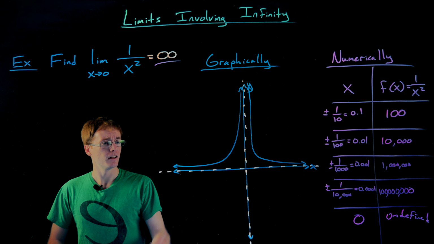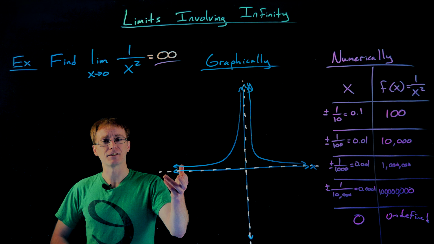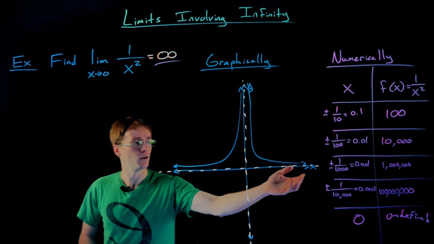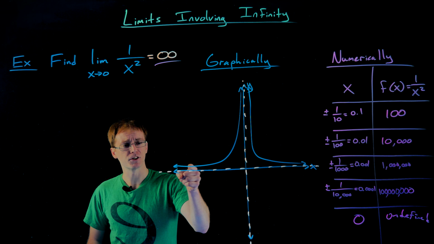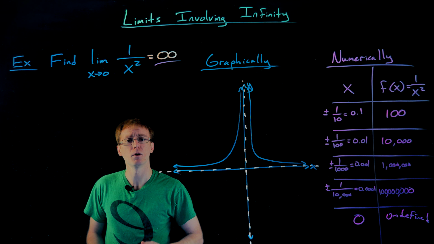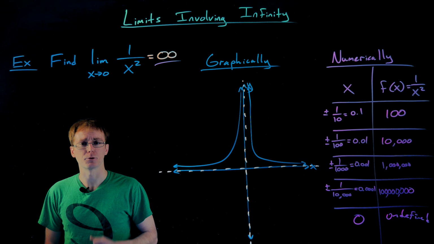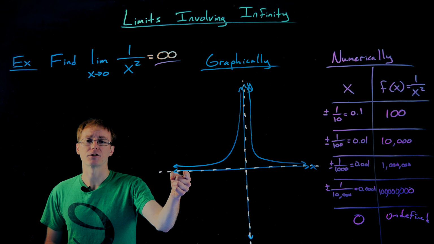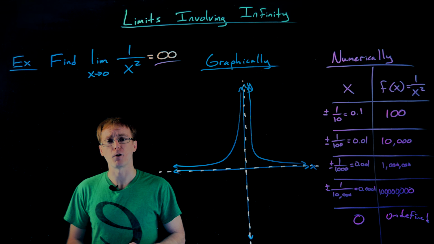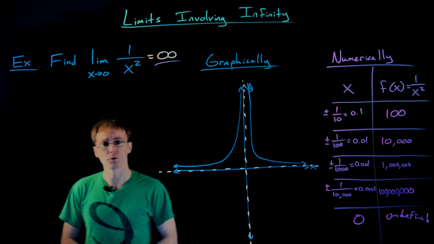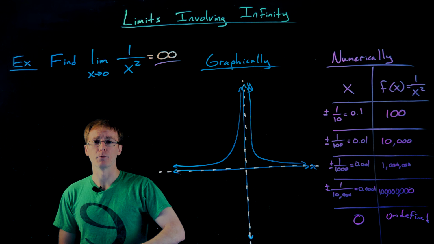And in this case, the output of our function as x approaches negative infinity or positive infinity is getting closer and closer to 0. We can make it as close to 0 as we want just by making sure x goes far enough to the left or far enough to the right. So the way we would write that is in the following way.